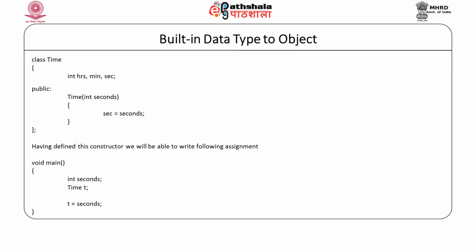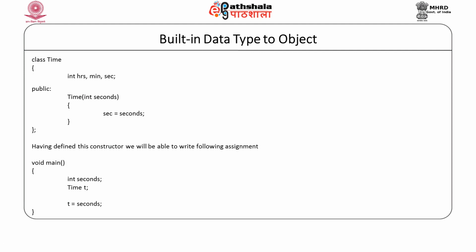The conversion of a built-in data type to an object can be achieved with the help of an appropriate constructor, which is a constructor that takes a single parameter, and this parameter is of the built-in data type which we wish to convert into an object. So, here in this time class we have defined a single parameter constructor which takes one integer as an argument.